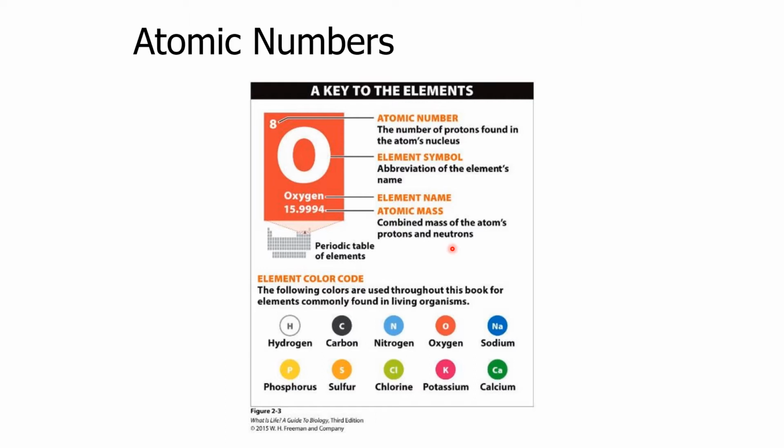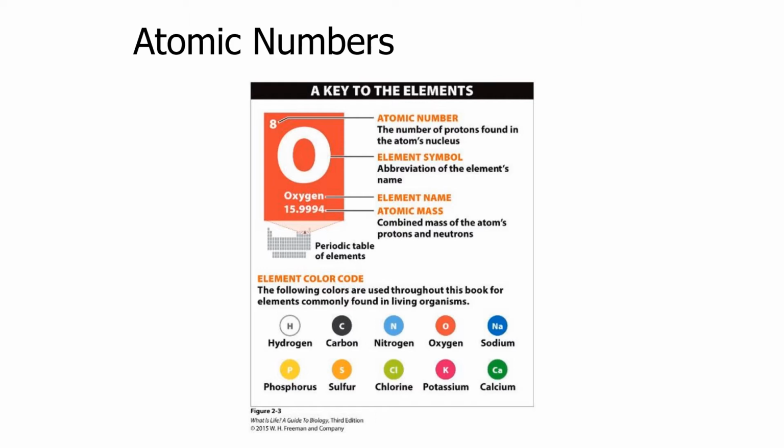So if you have 15.9, you can just round, so let's say oxygen's atomic mass is 16, and we know that 16 is the number of protons plus neutrons, and we know that oxygen has 8 protons. We can figure out the number of neutrons by subtracting the two numbers.